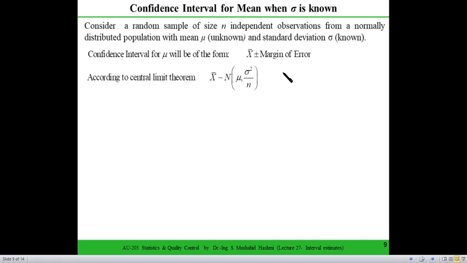As we know, a random sample of size n is chosen, and we have information that the population is normally distributed. So this point estimate, which is a sample mean, is also normally distributed with mean mu and variance sigma squared over n, in the case of sampling without replacement.